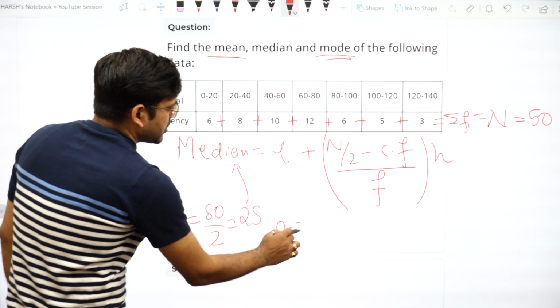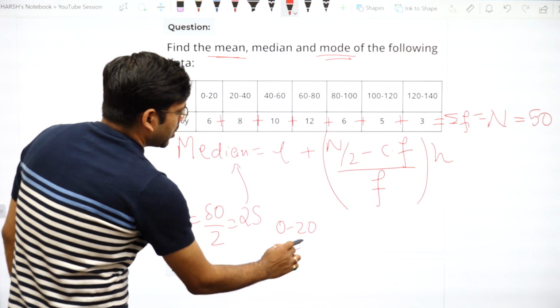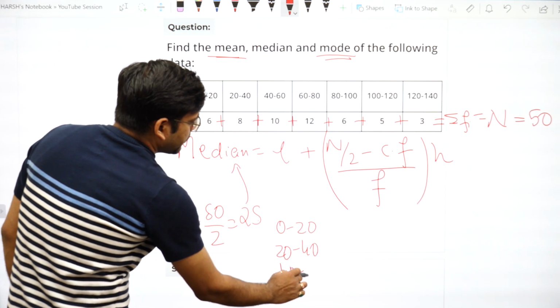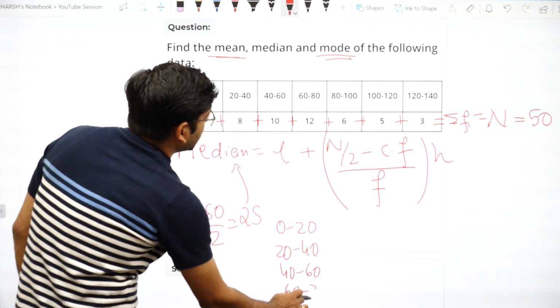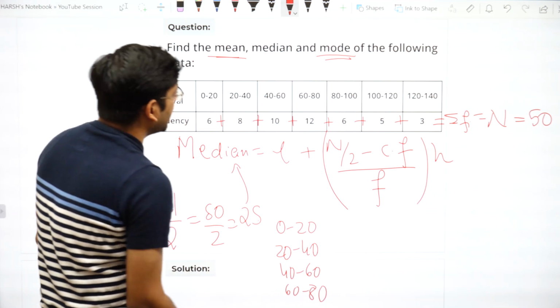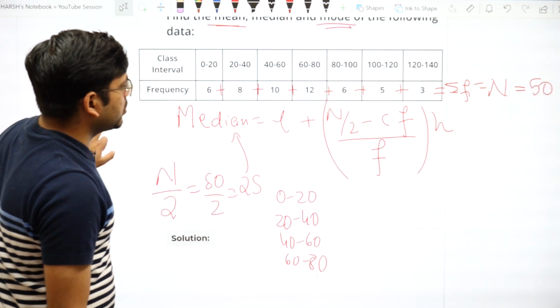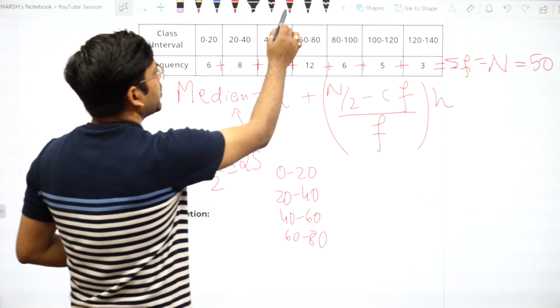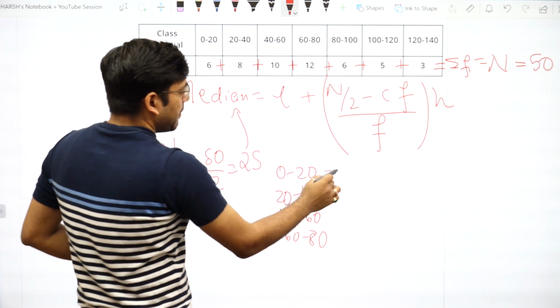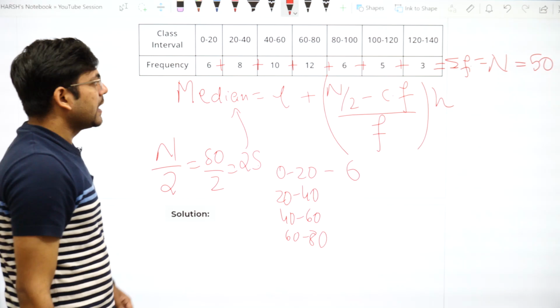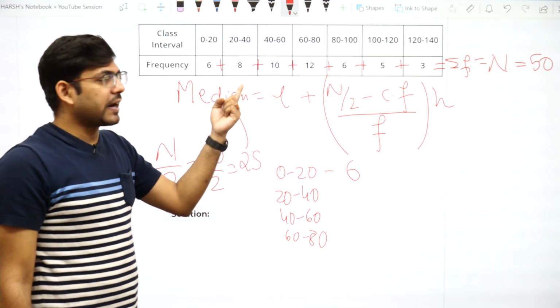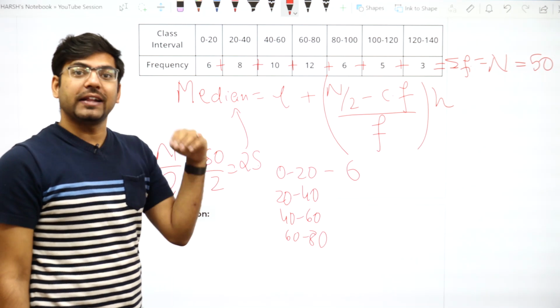These are the classes: 0 to 20, 20 to 40, 40 to 60, 60 to 80. I'll just tell you the methodology. Don't get worried, I'll just tell you the methodology because the data is very long. The methodology is: write down the first frequency. Then the next one is written by adding the previous one.